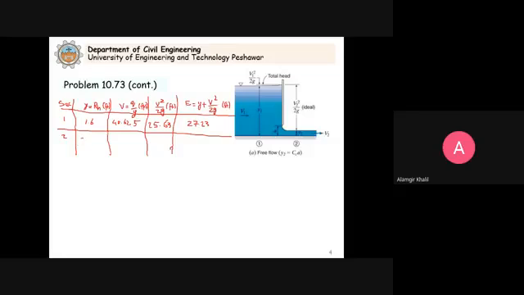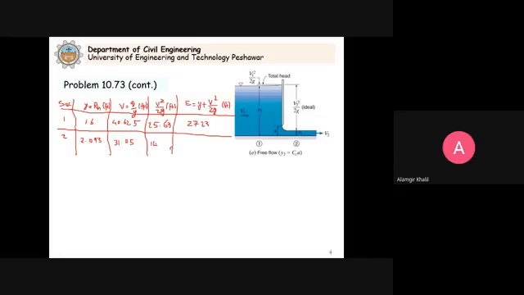Since it is asked to calculate in one reach, for the second section the depth will be y2, which we calculated as 2.093. Then you can calculate the velocity, that will be equal to 31.05. Velocity head 14.97.